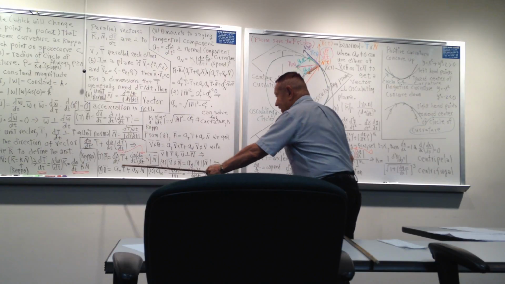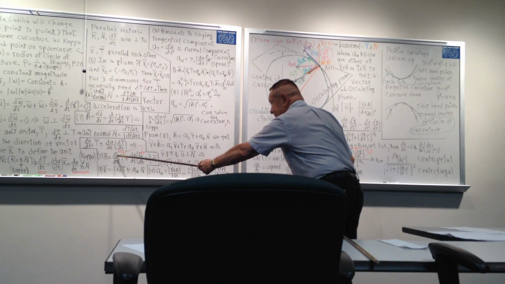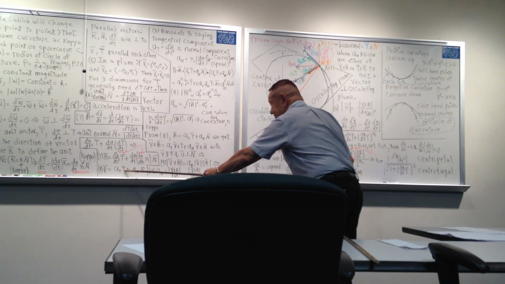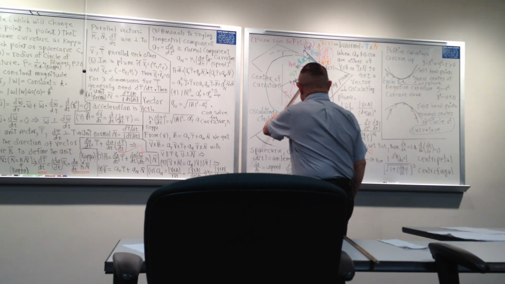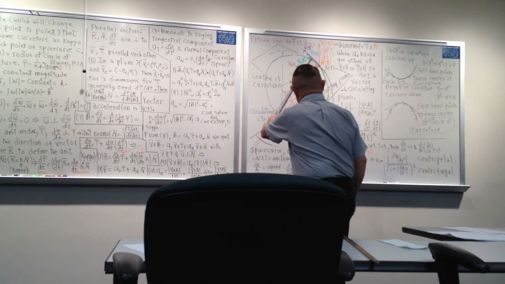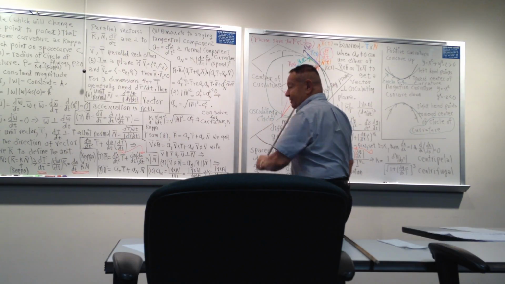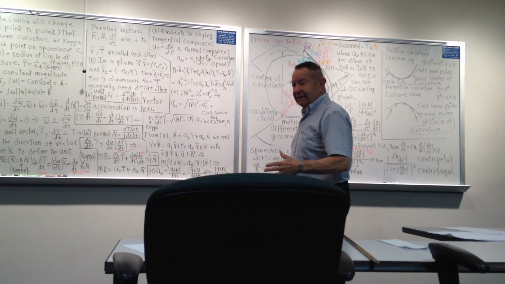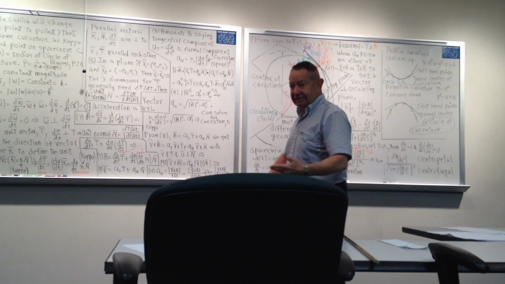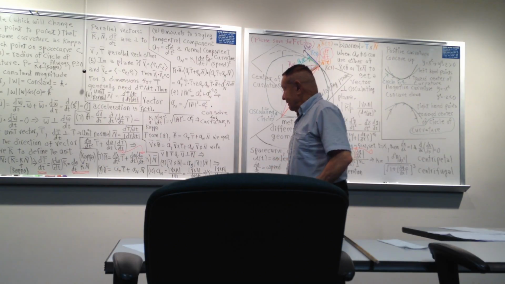So our vector acceleration then is the vector sum of the two components, where we've resolved it into components along these two unit vectors, T and N, that are at right angles. So they're not necessarily lined up at all with i, j, or k.